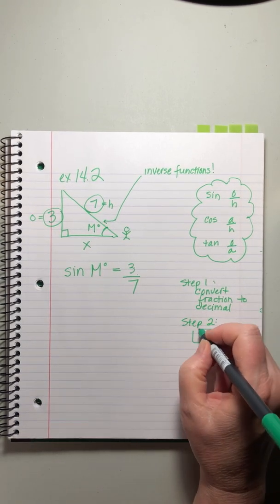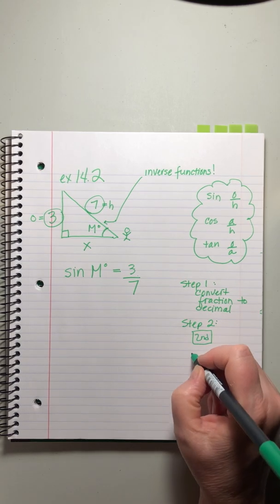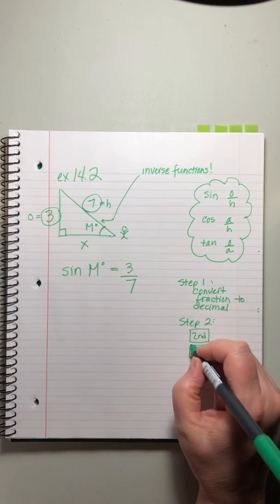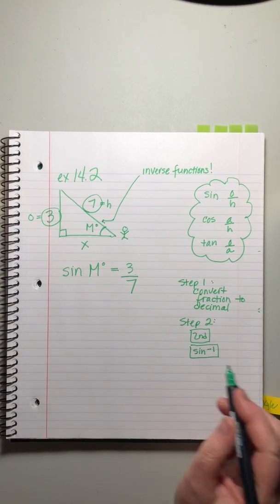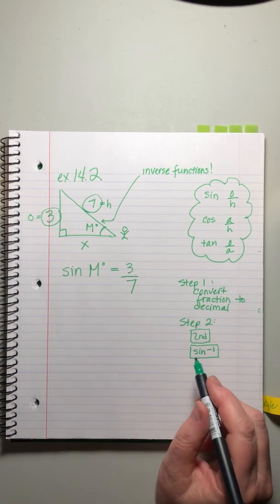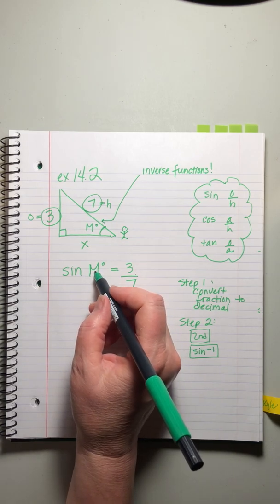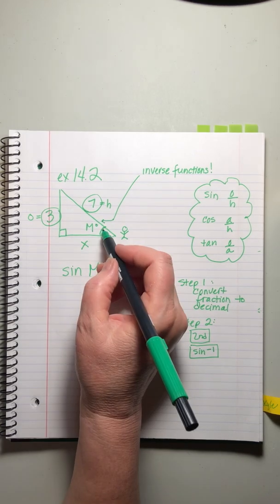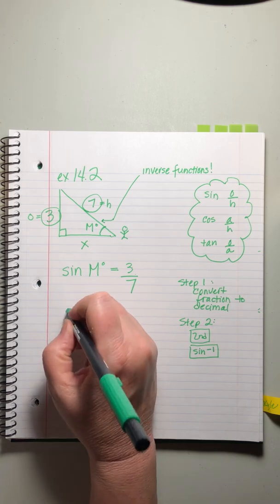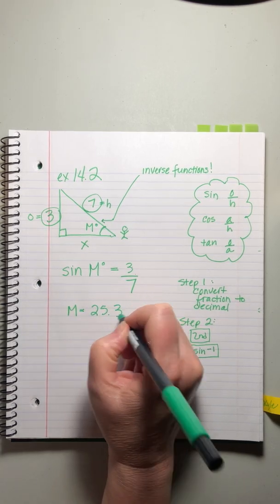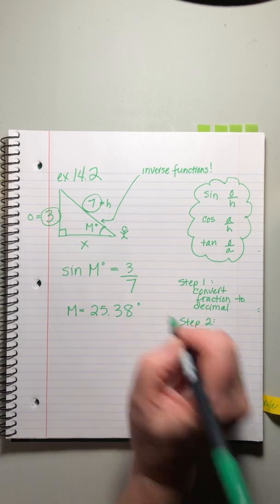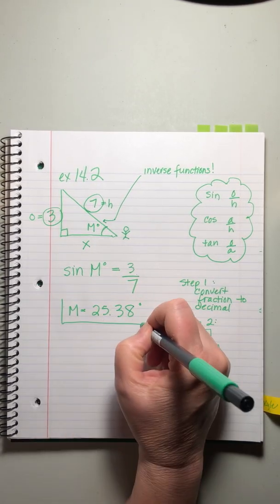Then step 2, you want to hit the second key. And then you want to hit sine to the -1. That answer will be the number of degrees in this angle right here. And what we get is that m equals 25.3, and it looks like this answer's rounded, 25.38 degrees.